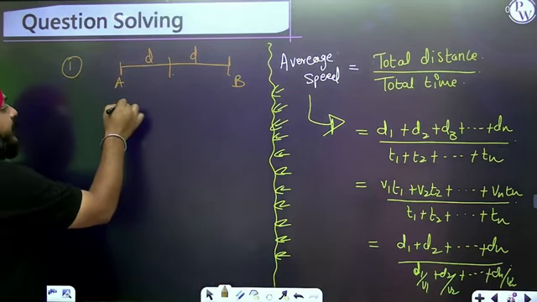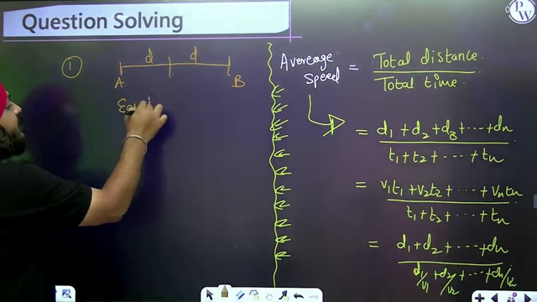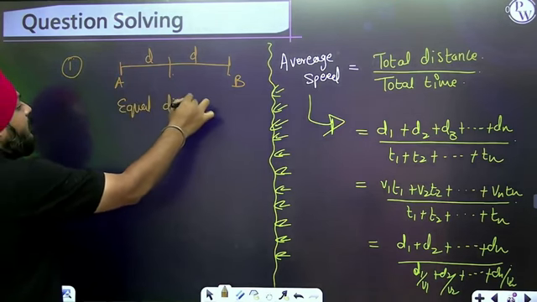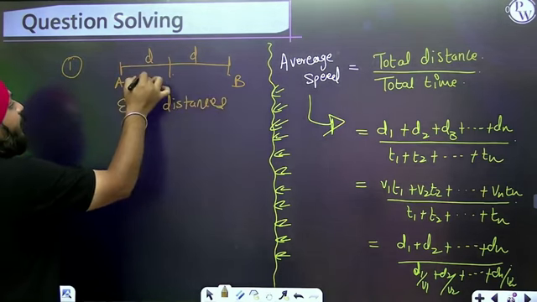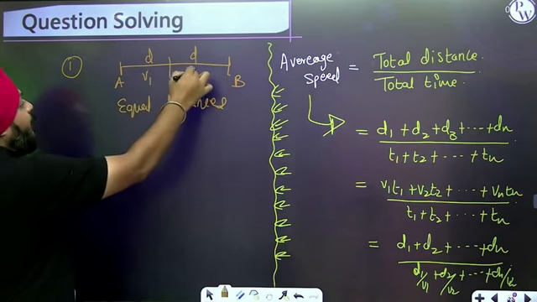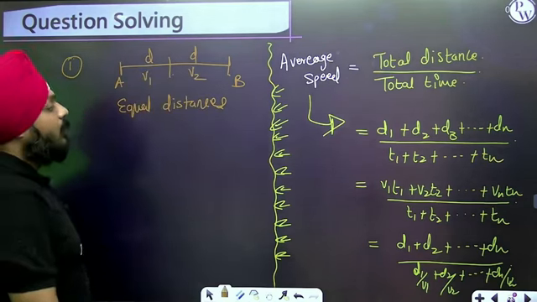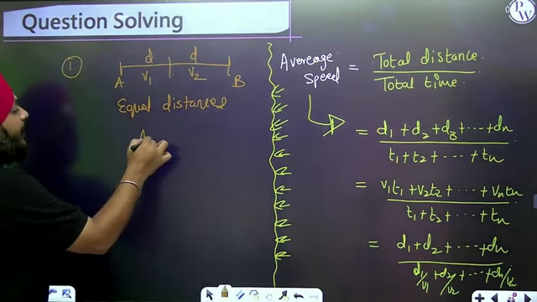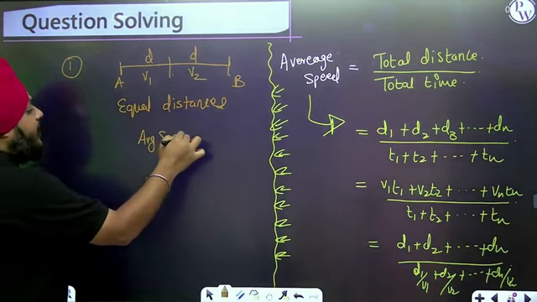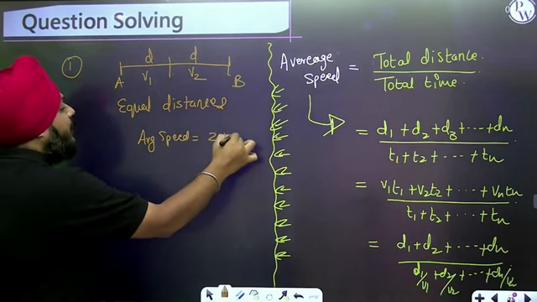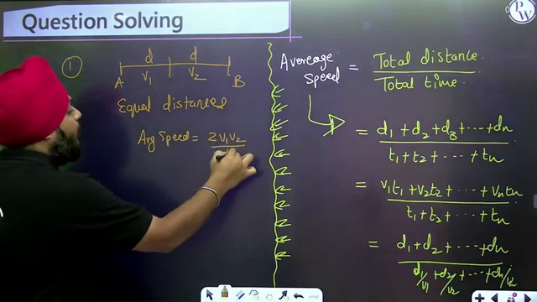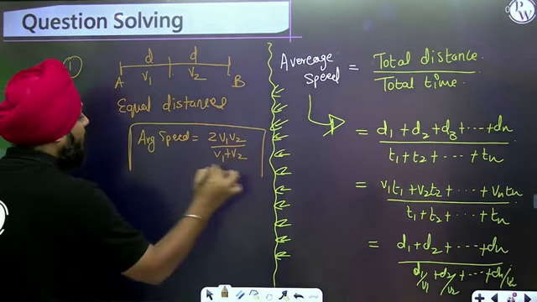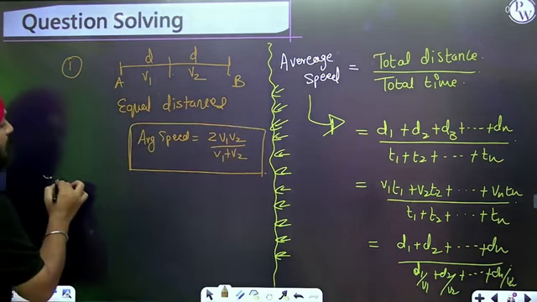So we can define it as a case of equal distances. Suppose for the first interval the speed is v1, for the second it is v2. Then what will be the average speed? In this case we have the direct formula for the equal distance interval, that is 2 v1 v2 whole divided by v1 plus v2. This is the formula of average speed.